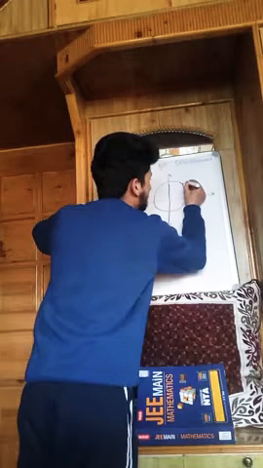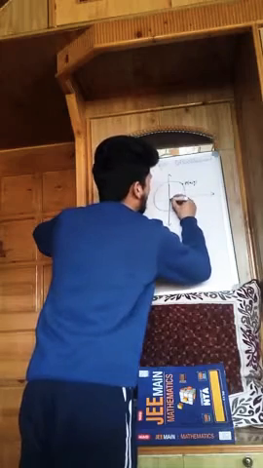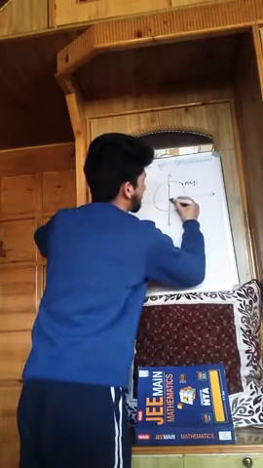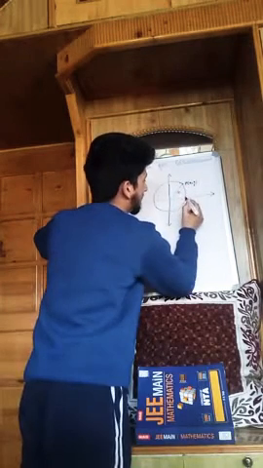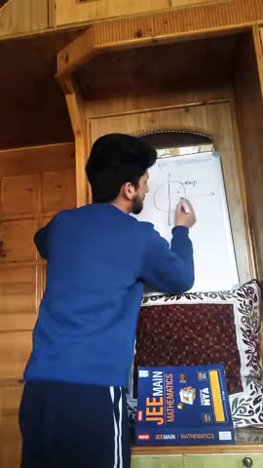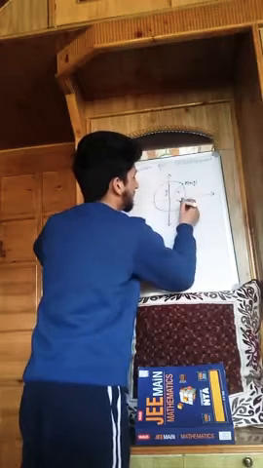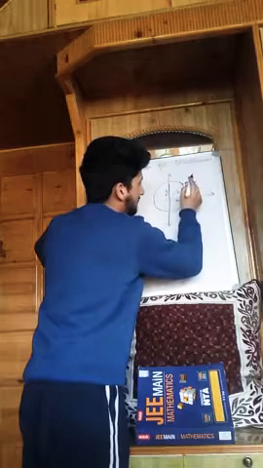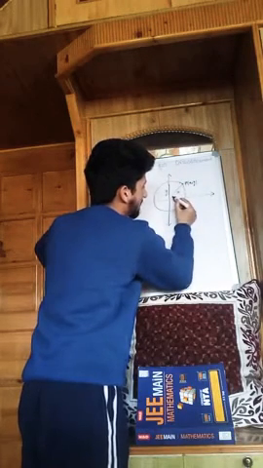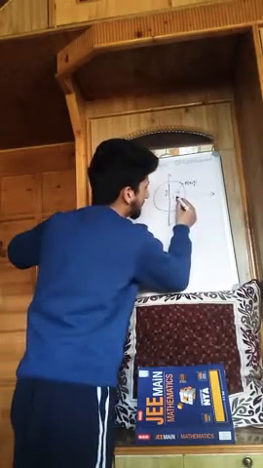Let us suppose here is a particle P whose coordinates are x comma y, and this is the maximum distance of the particle from the mean position, that is a. The x component of the particle is x, and the y component is y. The line which connects the particle to the mean point makes an angle of theta with the x-axis.